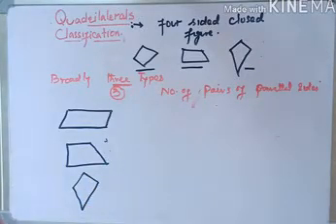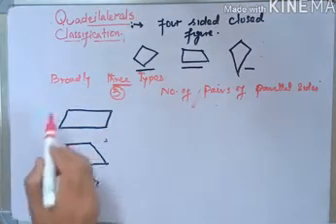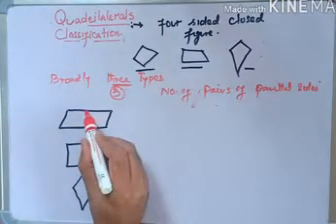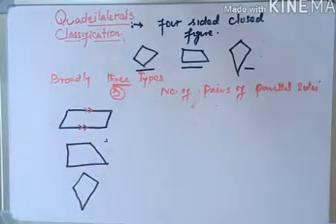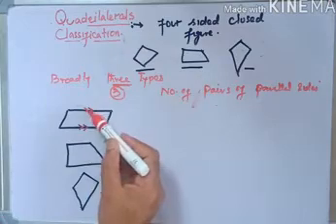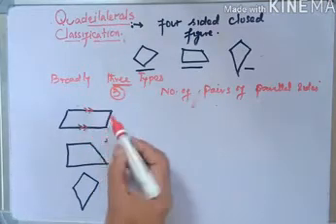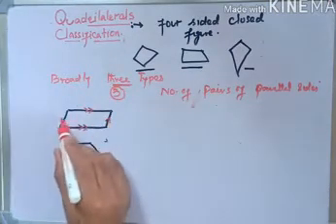But the difference is that in this quadrilateral you can see this side is parallel to this side. These arrowheads show that this side is parallel to this side, and this side is parallel to this side.